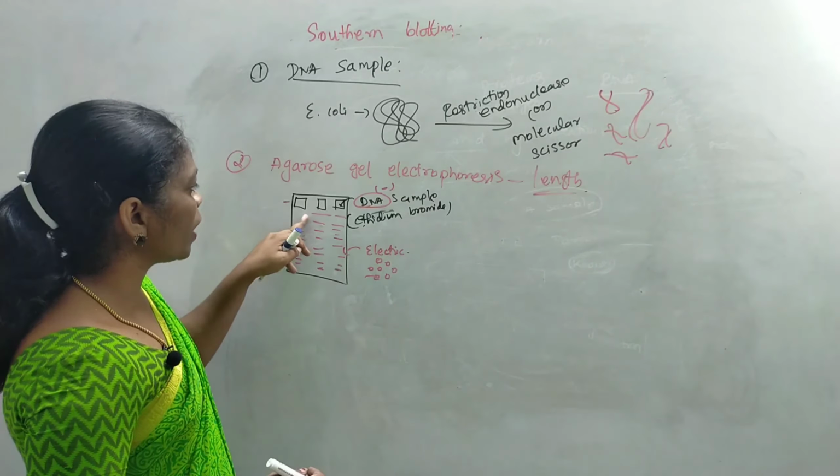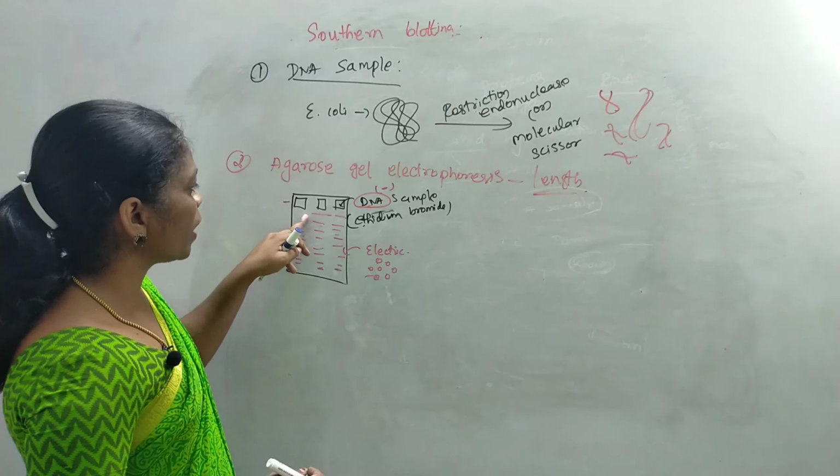The next step, the third step, is transfer of the DNA sample from the agar gel into a nitrocellulose membrane or nylon membrane. Remember, this membrane has a positive charge.